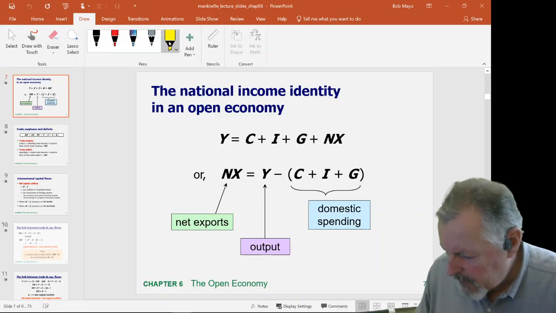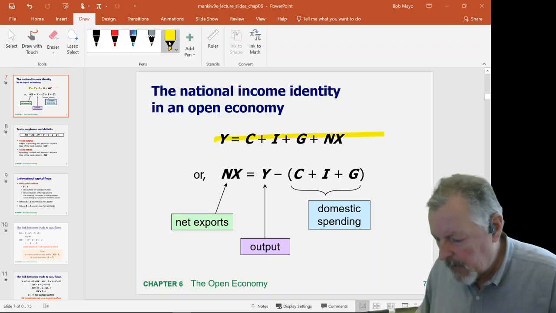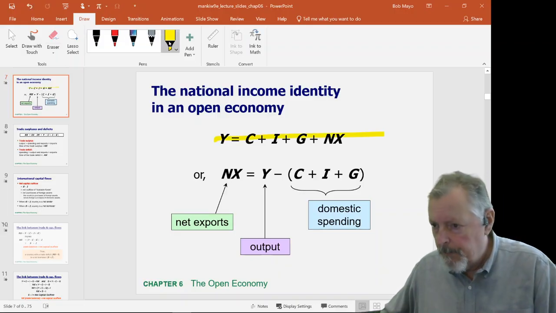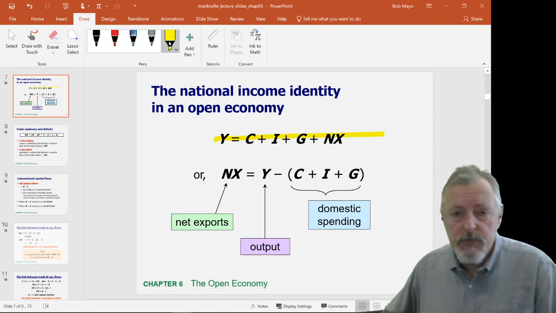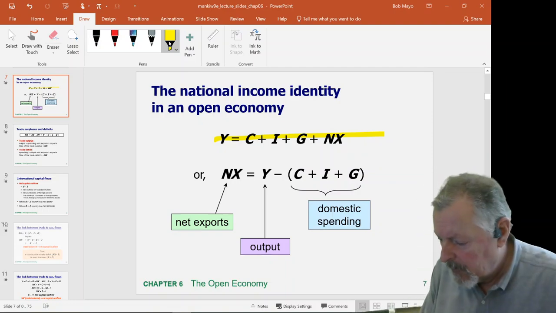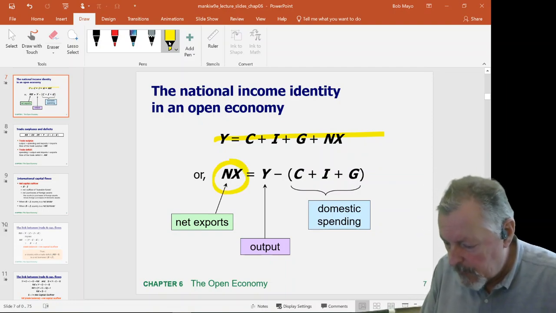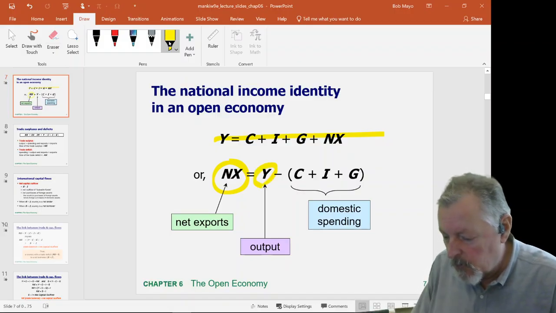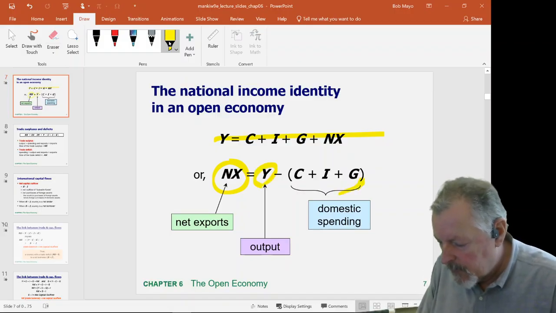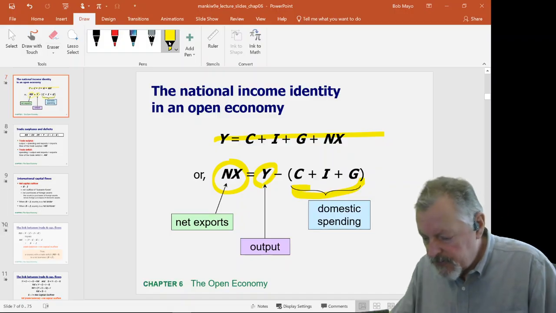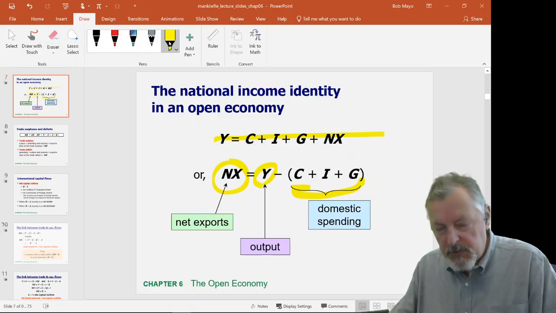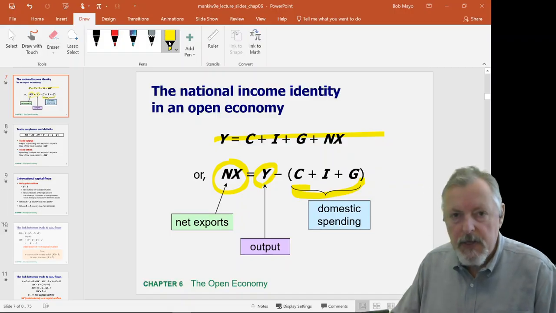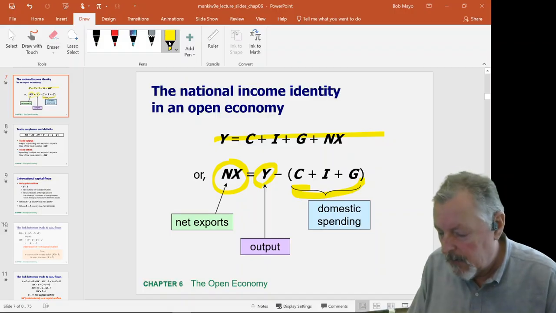Our old friend, the fundamental equation of national income accounting. You can just rearrange this. Solve for NX, and you get net exports equals total output minus this term. This term, consumption plus investment plus government, is everything you are, broadly speaking, consuming.